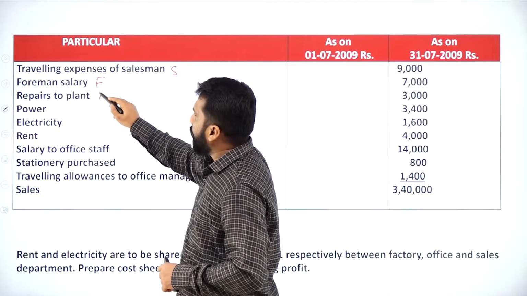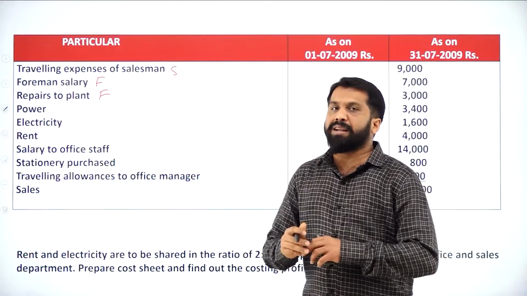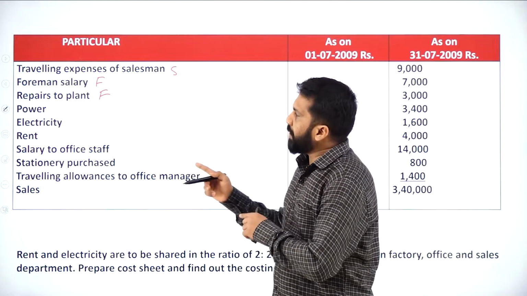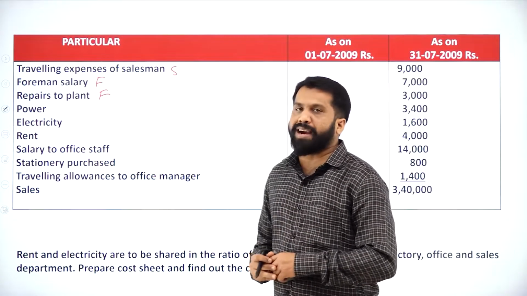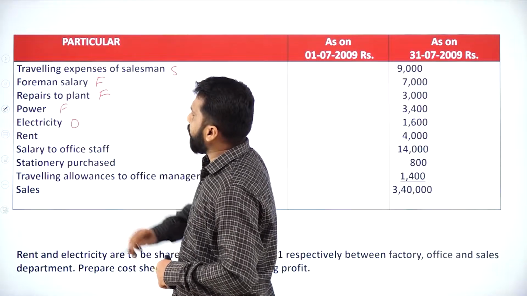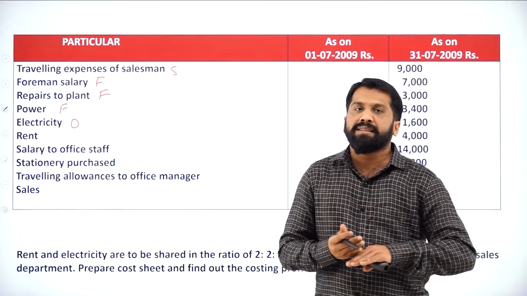Repairs to plant. Where do you keep your plant? We keep it in the factory. So, plant means the place where you keep your machinery. So, plant comes under factory. Next, power, factory. Electricity, office. Why do we classify power as factory, electricity as office?